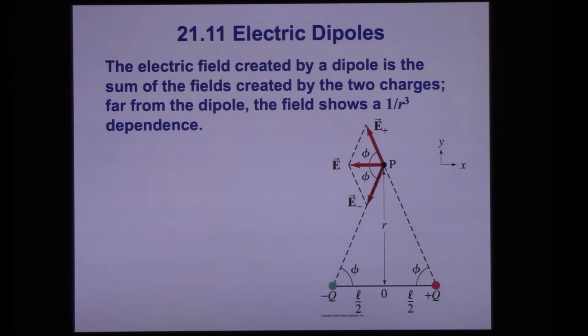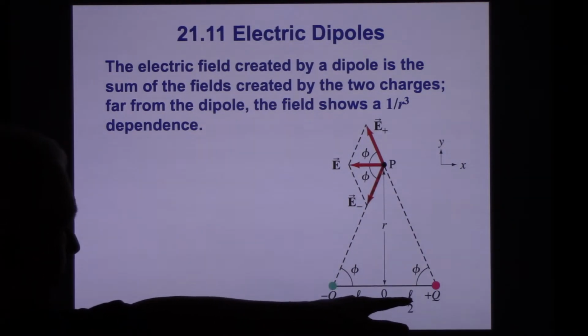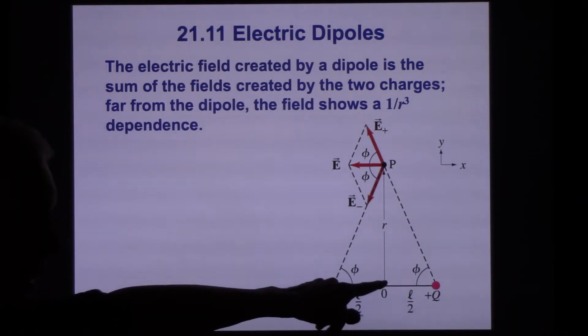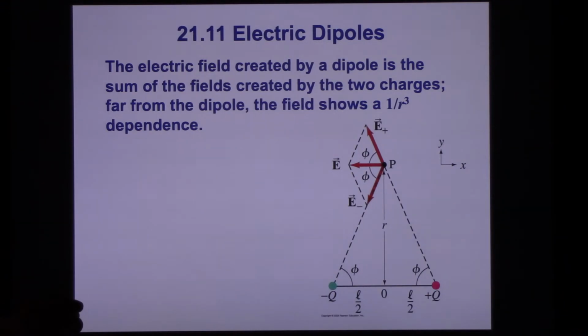Because the dipole is going to create its own E field, and that could have effects on charges that wander by. So here's the negative charge, here's the positive charge. These are now written as L over 2 so that we can define a center of a coordinate system at the location halfway between the two charges, and that's a standard coordinate system setup.